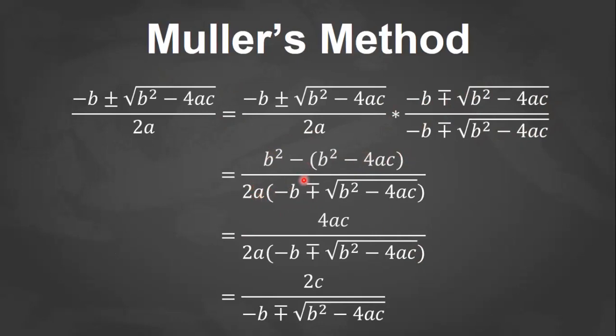Then, 2a. Then, kini diha siya. So, macancel si b squared. Then, ang nabilin kay positive 4ac. So, ang 2a dito sa ubos, cancel. Nabilin 2c. Okay, and this now is our alternate form sa atong quadratic formula.